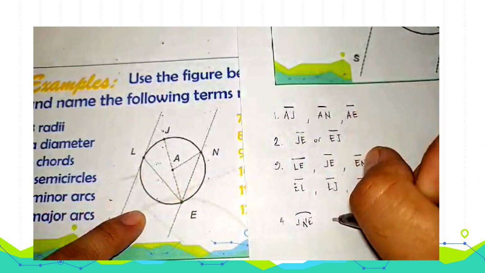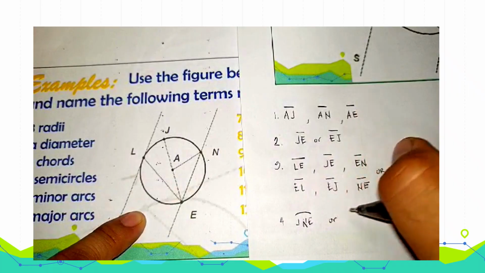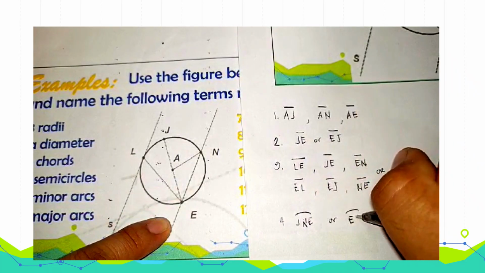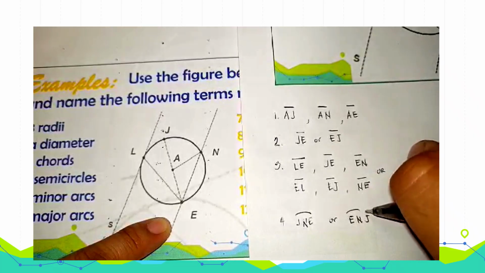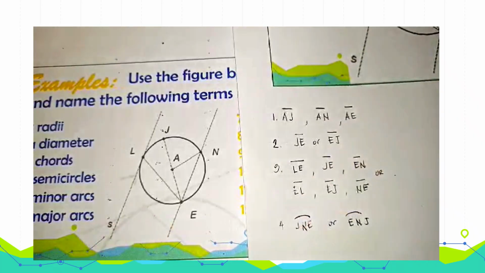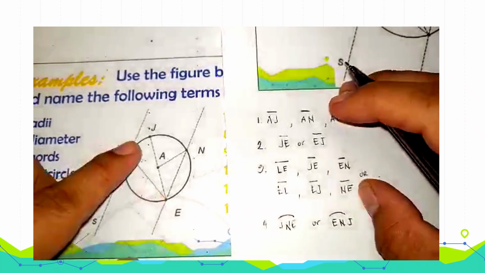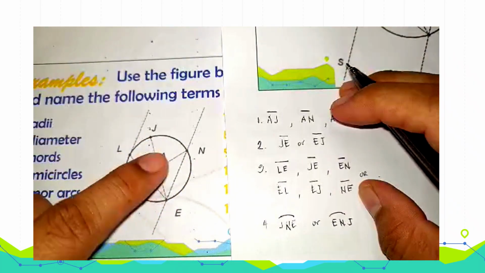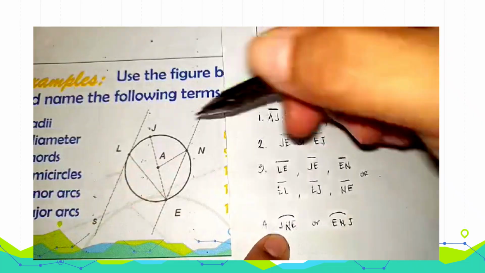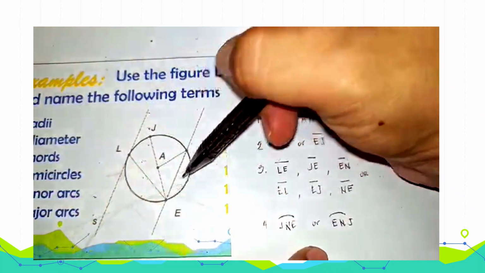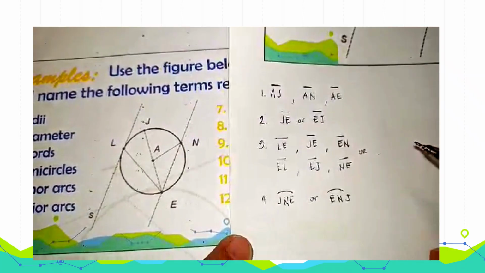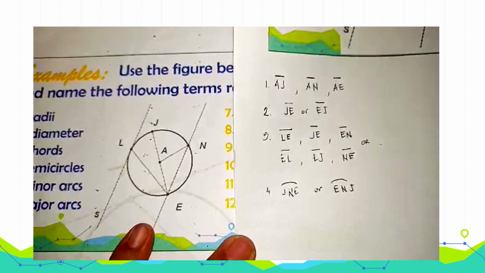or we can name it as arc E and J. We need to write it in order as we have the points on the circle. So I have it J and E or E and J. N is still at the middle. So name 2 semicircles.